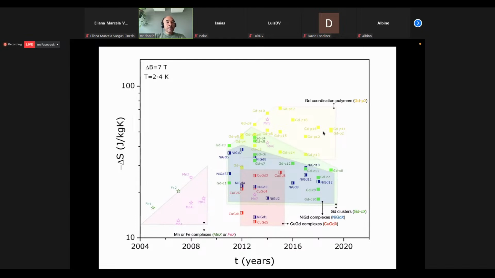These samples do not contain transition metals, only gadolinium. And the community realized that this is the way to produce materials with enhanced magnetic entropy change at low temperature. I mean, it is at 2K and 7 Tesla. And the proposal of the community here is to use these materials for helium gas liquefaction. Okay.